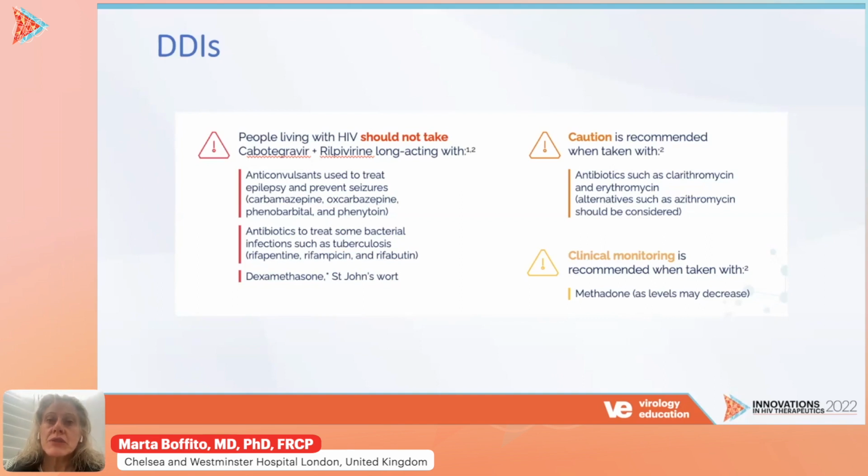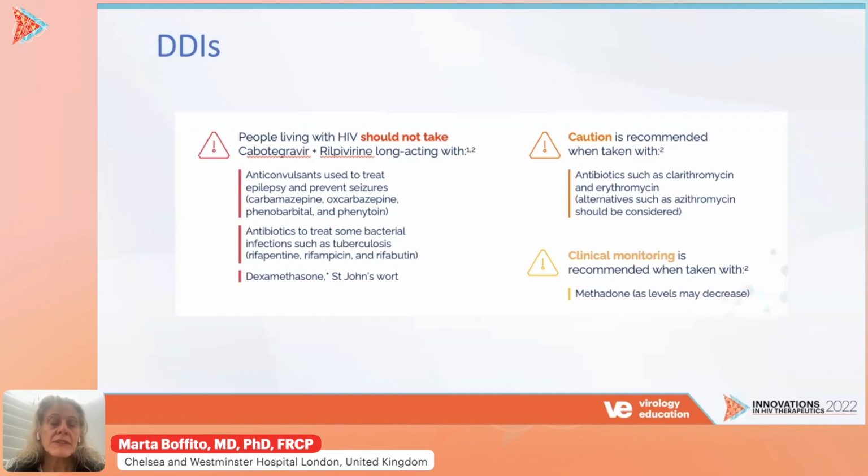So we should avoid co-administration with anticonvulsants like carbamazepine, phenobarbital or phenytoin, or with antibiotics such as rifampicin and rifabutin, or chronic high doses of dexamethasone or St. John's wort. Other interactions to remember: be cautious about the co-administration of rilpivirine with erythromycin and clarithromycin; azithromycin is therefore preferred. Also, clinical monitoring is recommended when long-acting cabotegravir and rilpivirine are taken with methadone.